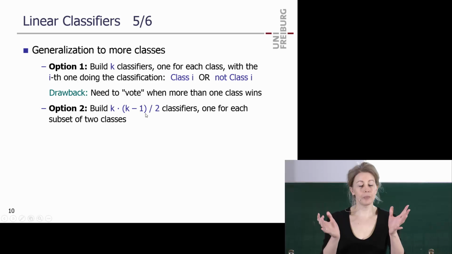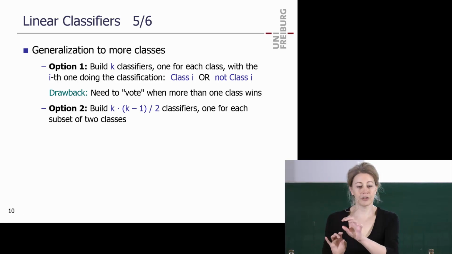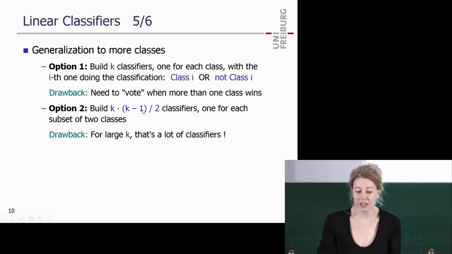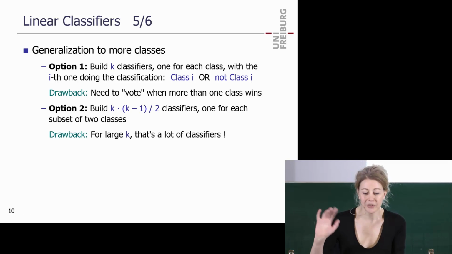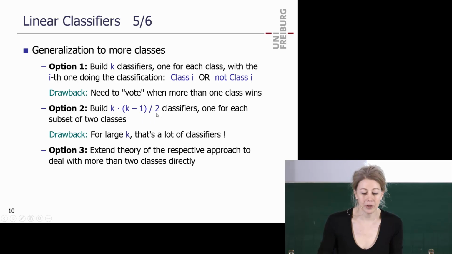Or you just compare all of them. You do comedy versus thriller, thriller versus science fiction versus animation, all pairs. Problem, that's a lot of classifiers. If you have 5 classes, it's 5 times 4 over 2, which is 10. Still reasonable for 5, but already 10 classifiers. So that's one way to do it.